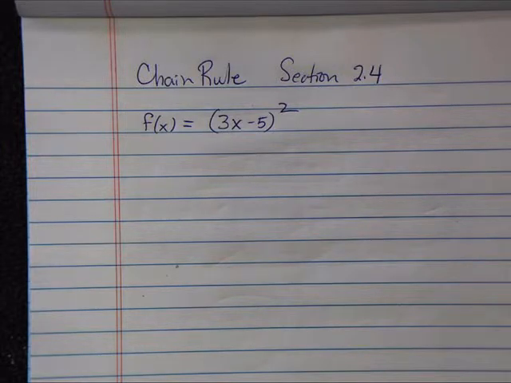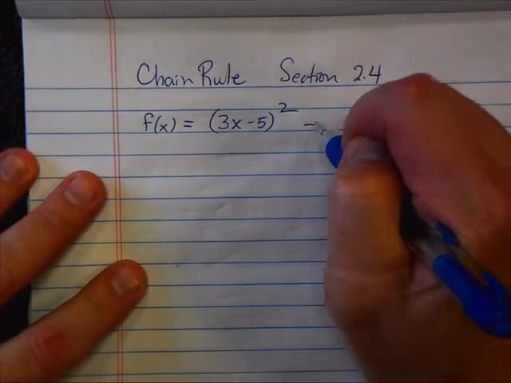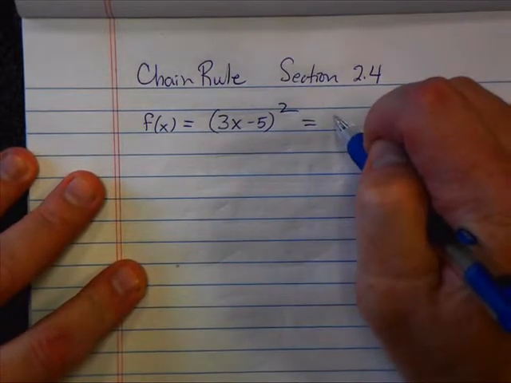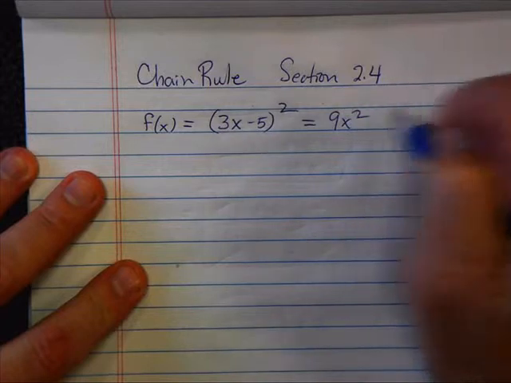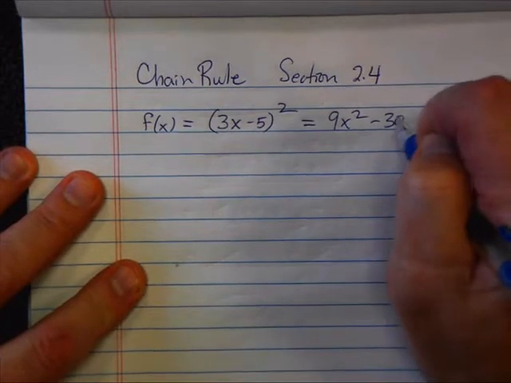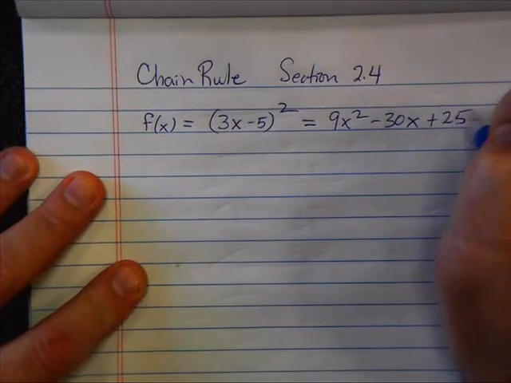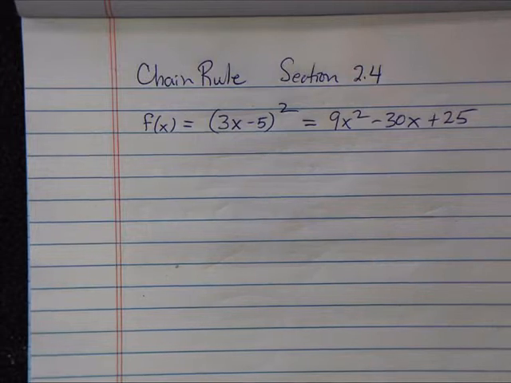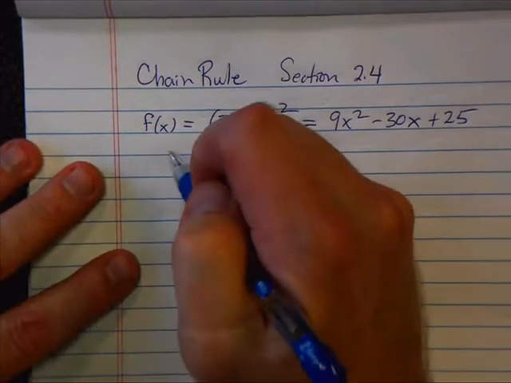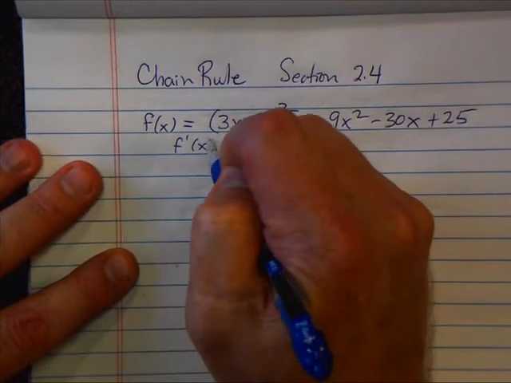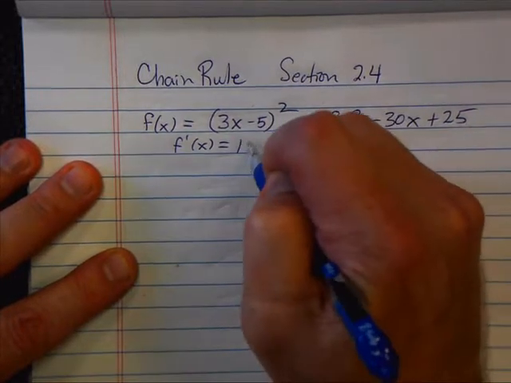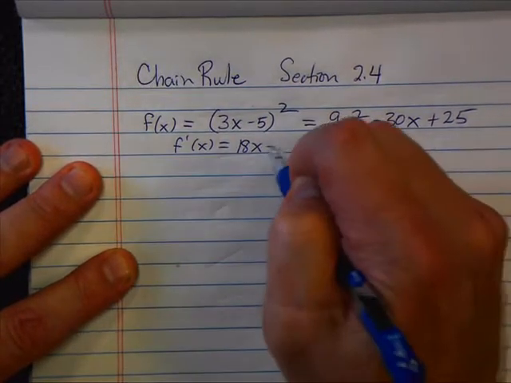So in order to take the derivative, we'd have to FOIL that thing out and take the derivative. If we FOIL it out, we'd have 9x squared minus 30x plus 25. I think that's what you get when you FOIL that out. And then we can take the derivative. The derivative happens to be 18x minus 30.